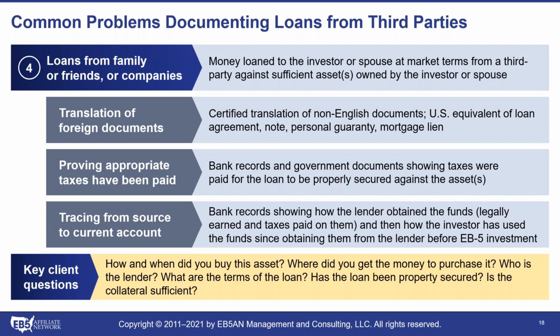Where did those funds come from? And how are those funds being transferred to the EB-5 commercial enterprise? Based on what the facts are, your attorney will be making strategic decisions about the proper way to do this to limit any questions that may come later on from USCIS.